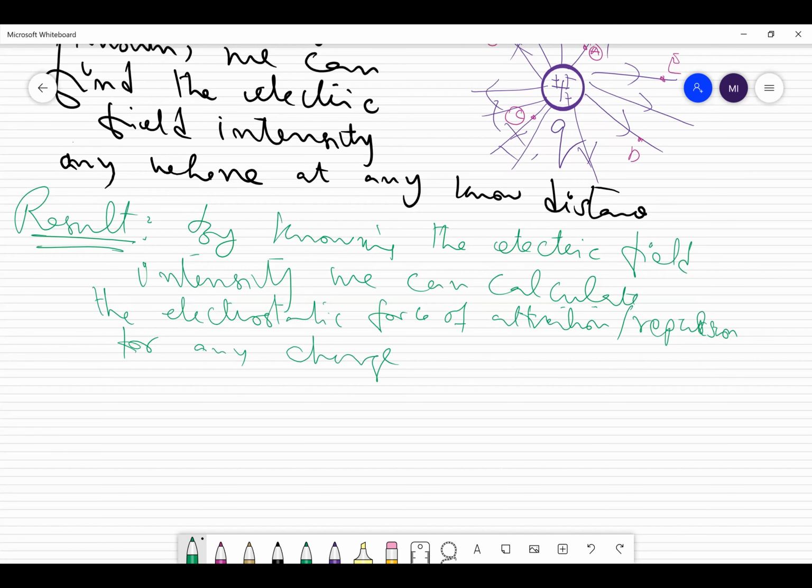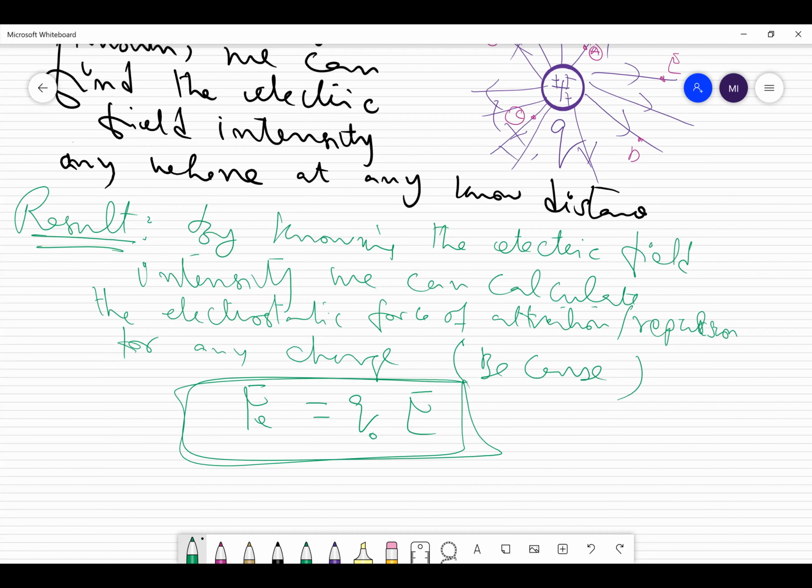Why? Because we can write that the electrostatic force is equal to Q naught times E. So if you know the electric field intensity of the source charge, you can simply do it for any combination of charge, any test charge quantity, and calculate the electrostatic force. This is a bit easier approach than using Coulomb's law directly.